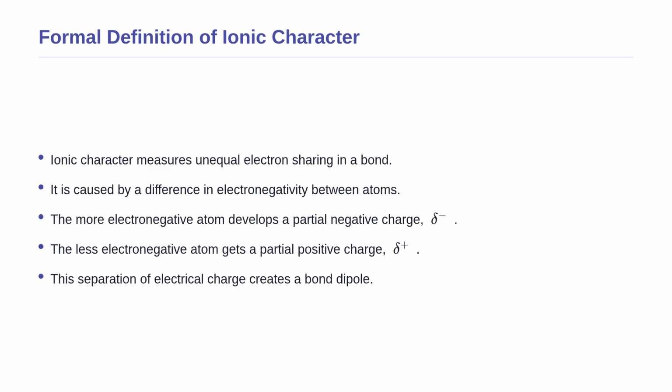When two different atoms bond, the more electronegative atom pulls the electron cloud closer, developing a partial negative charge, denoted as delta minus. Consequently, the other atom is left with a partial positive charge, denoted as delta plus. This separation of charge creates a bond dipole.